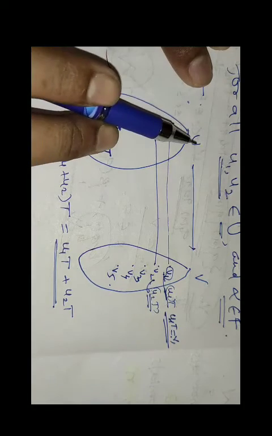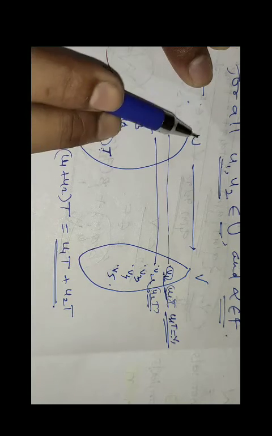So u1 is in U, u2 is in U, then u1 plus u2 is in U. If we find the image of u1 plus u2, it is v1 plus v2, which is nothing but u1T plus u2T.